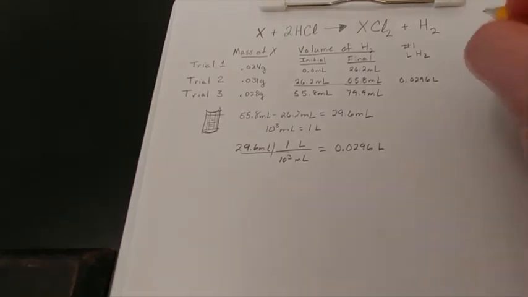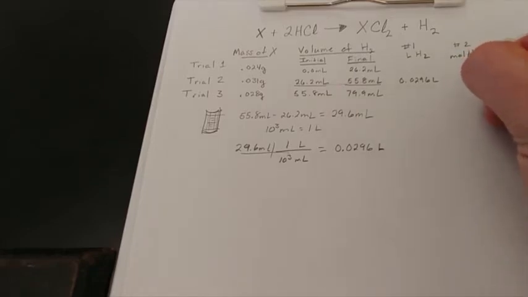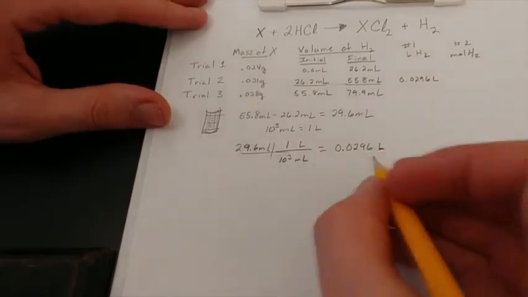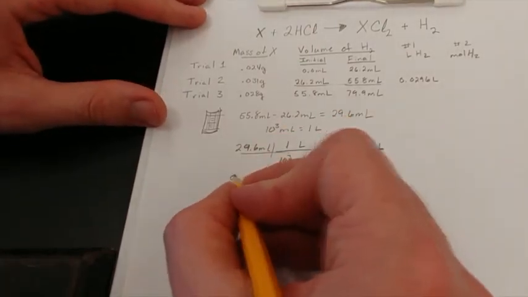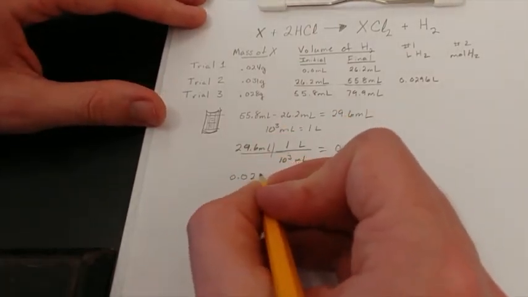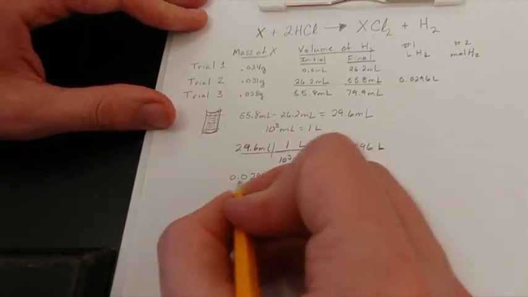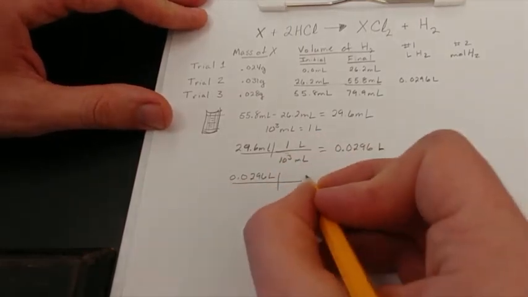So next is number 2, which will bring us to moles of H2. To figure this out, I'm going to take the liters and just do a single fence post to moles.